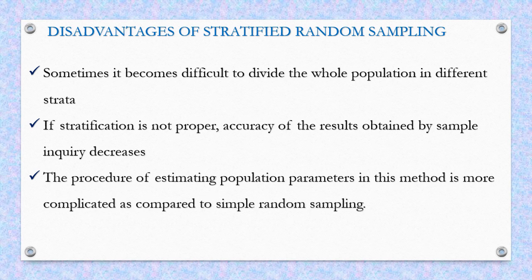The method of estimating population values from the sample values in simple random sampling is quite easy. But the same thing in stratified random sampling becomes difficult, because we are taking samples by stratification. So that means we are combining different values into a single value. So it's like calculating combined mean or combined standard deviation, which is not that easy to do.